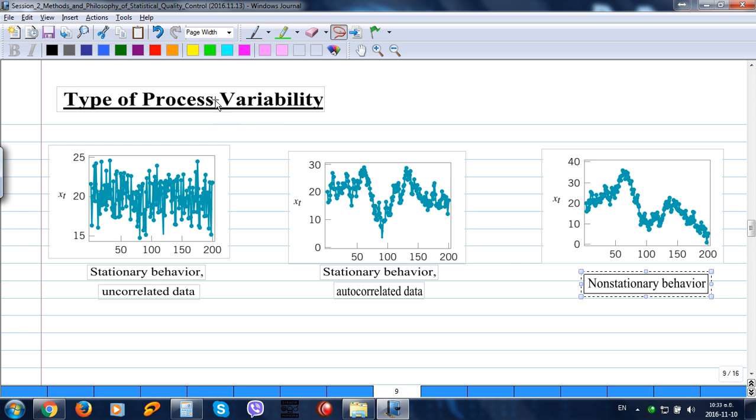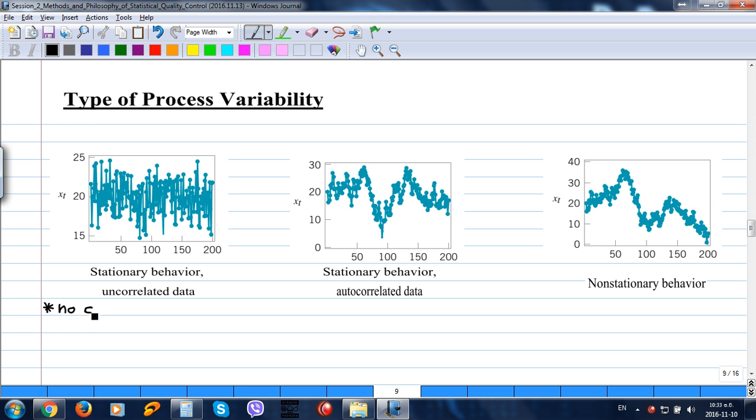If it is uncorrelated data, there is no correlation of data points. You can see the points go here and there, with no relationship between them. And it is stationary, meaning it does not change with time.